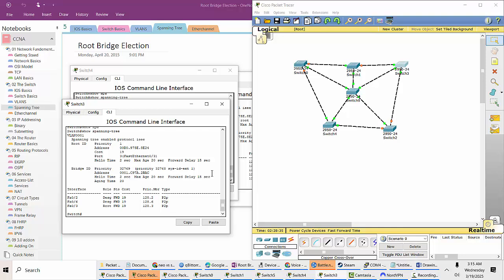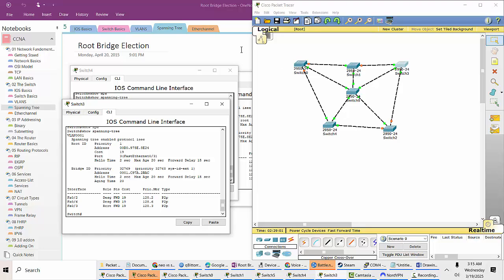But if it's not a root port, lots of times on the other side of that designated port is going to be a blocked port, unless it is a root bridge. Notice that on the root bridge, all are designated ports, but on the other side of those links are always forwarding.